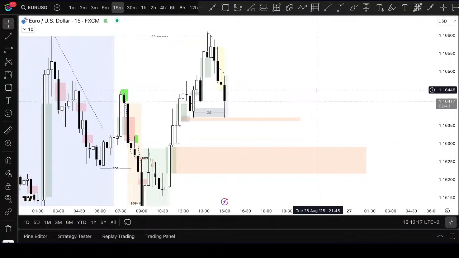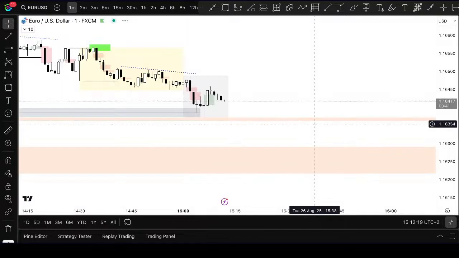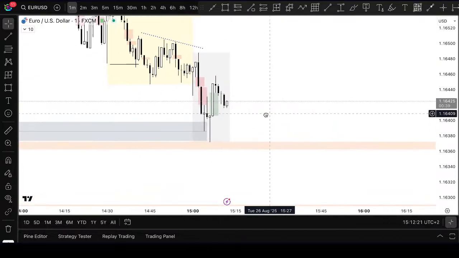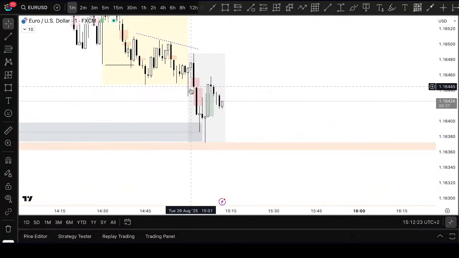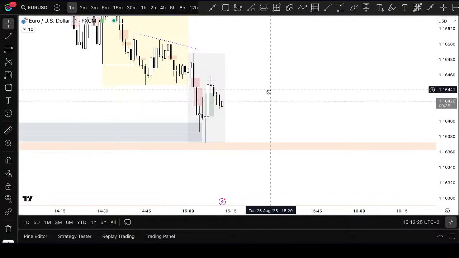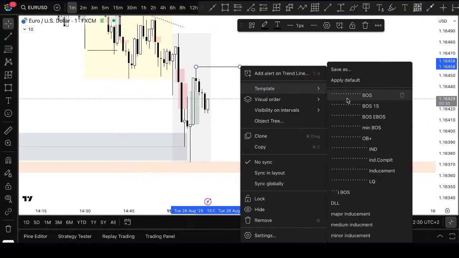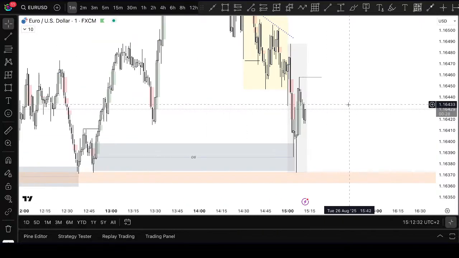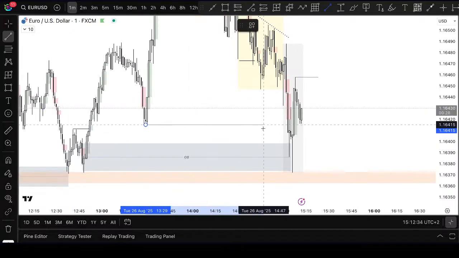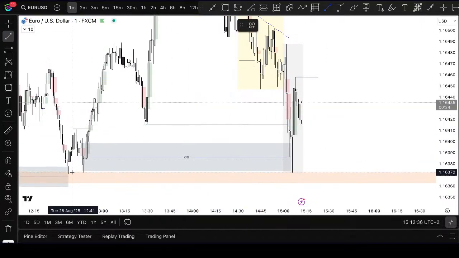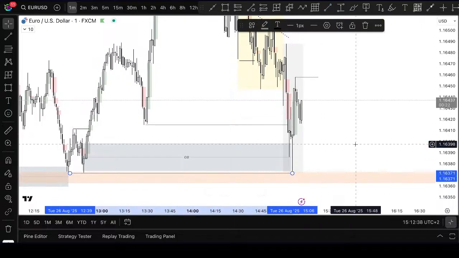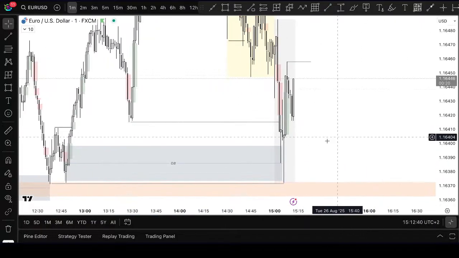EURUSD can go up, but let's see. It showed the price wants to go up, but here we do not have a confirmation. If we want to go long, we need this to be taken out. Then this would act as an entry break of structure because it has taken this. So we need to check whether it has taken this liquidity or not.